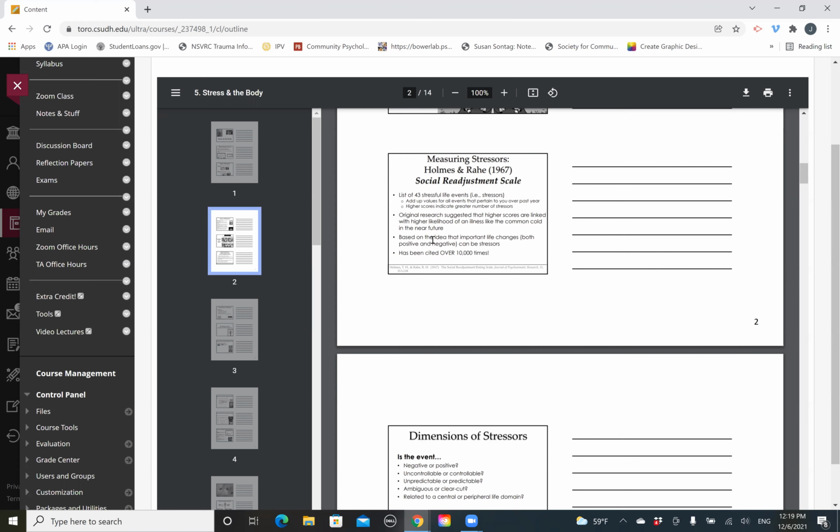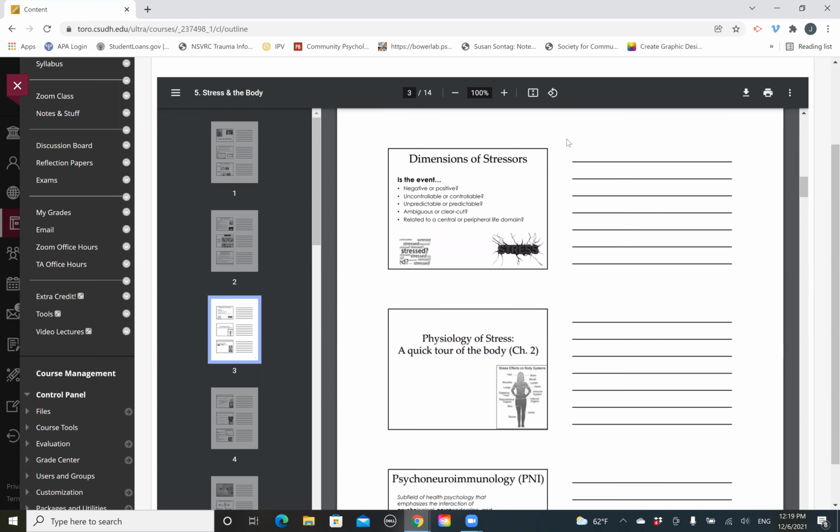And again, the one that I used is for students, right? But it's based on the idea that important life changes, both positive and negative, can be stressors. So dimensions of stressors in the event: negative or positive? Is it uncontrollable or controllable? Unpredictable or predictable? Ambiguous or clear-cut?